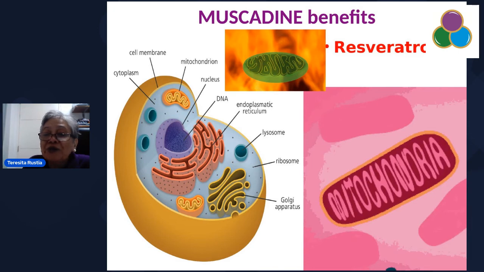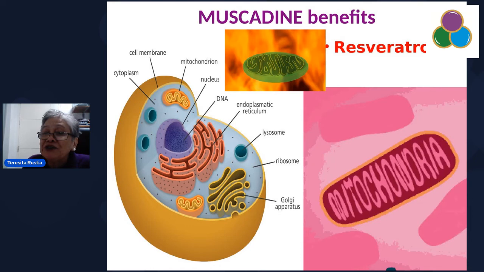Now, I would like to mention here that resveratrol also, when it comes to cancer cells, together with proanthocyanidin from the seeds of the muscadine, they work together to destroy the mitochondrium of cancer cells.